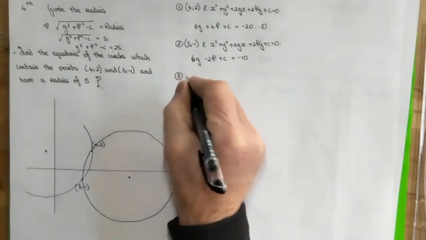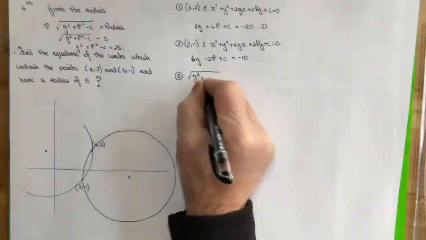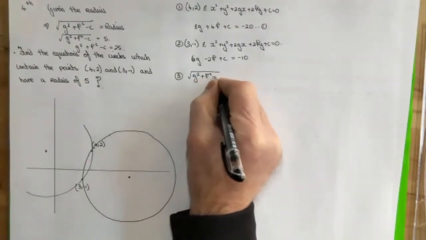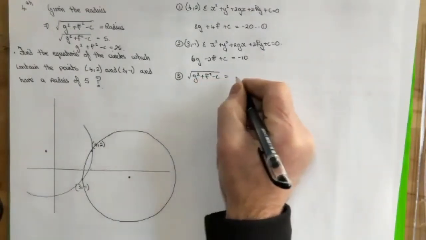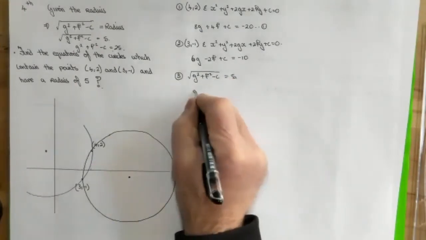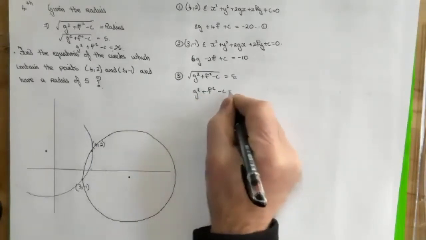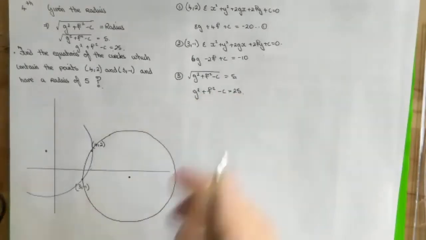And the third step is the radius: the square root of g squared plus f squared minus c is equal to 5. So that's giving me g squared plus f squared minus c is equal to 25.